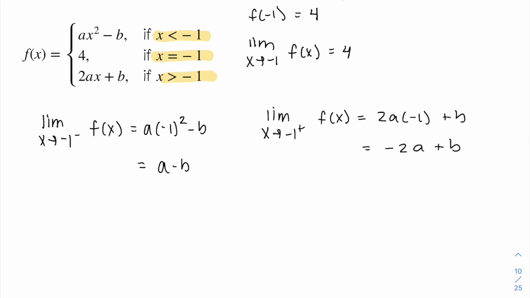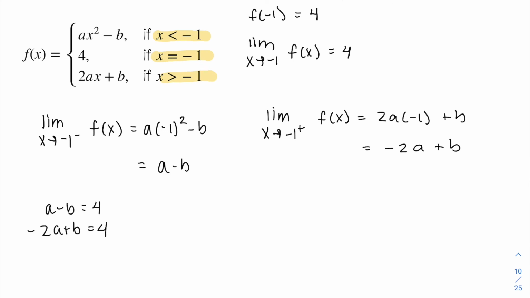So that's going to be negative 2a plus b. Then the left and right limits have to equal the same number to give us a general limit, and they have to equal the same number that we want the overall limit to be. So they must both be equal to 4. That means a minus b equals 4, and negative 2a plus b equals 4.